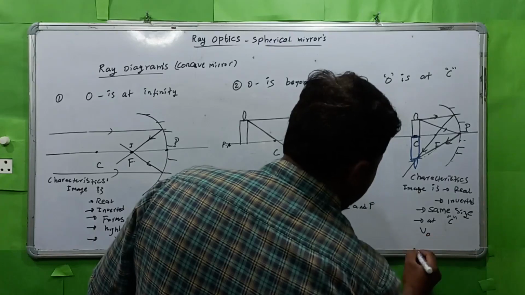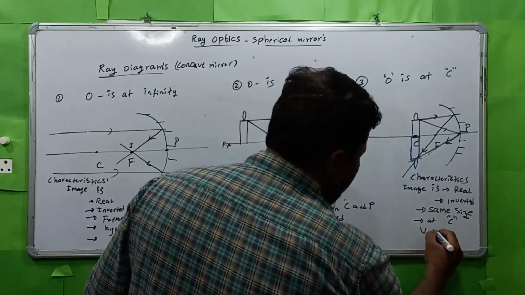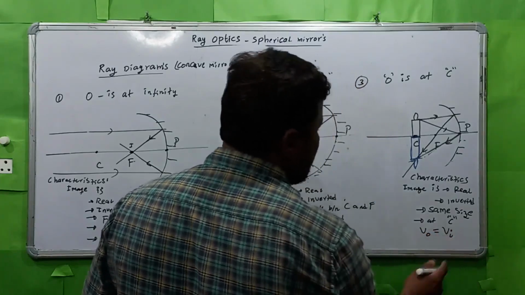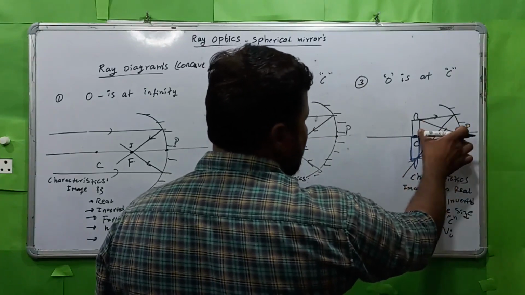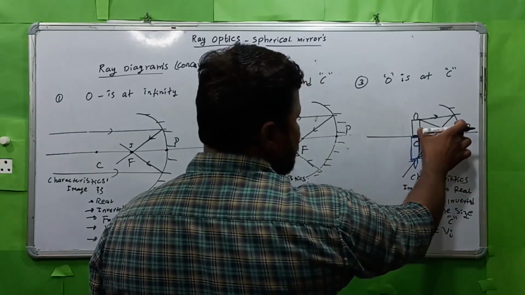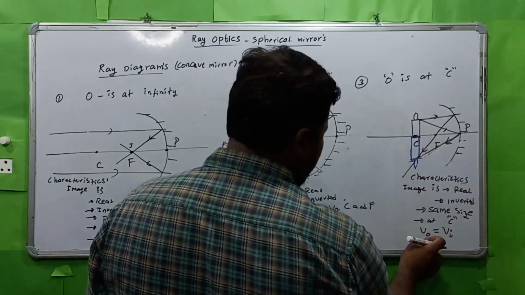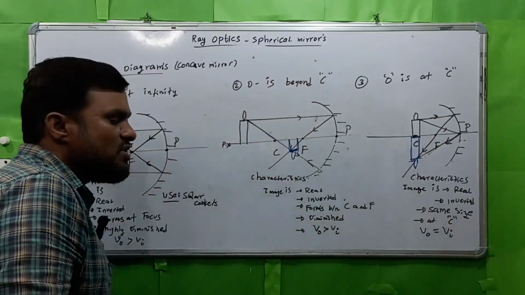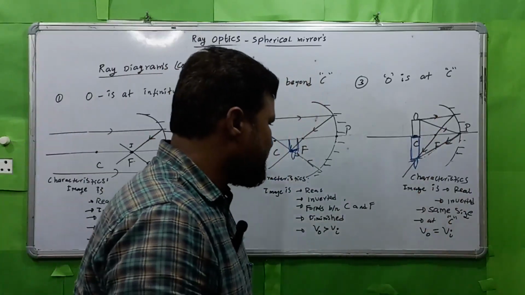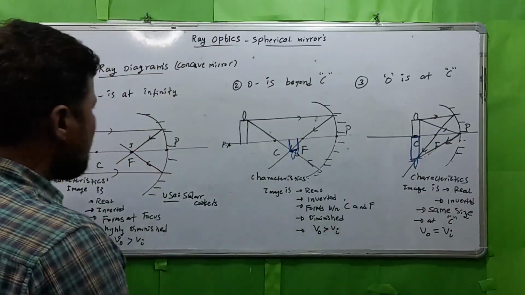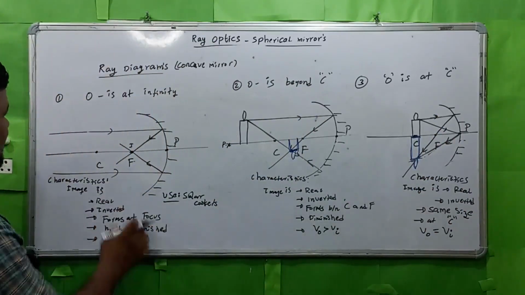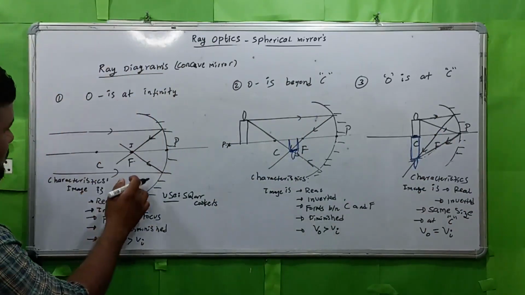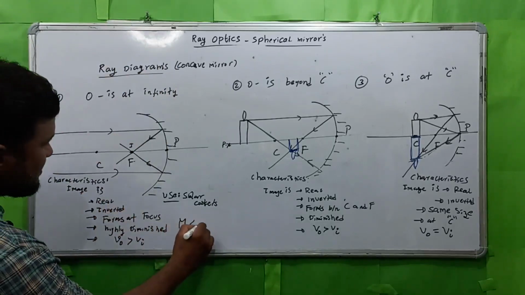Here we can observe velocity of object is equal to velocity of image. Why? Because the distance from the pole remains the same. Object distance, image distance remain the same. So velocity of object is equal to velocity of image. We have to remember another characteristic. If you observe diagram number 1, magnification is considered to be less than 1.